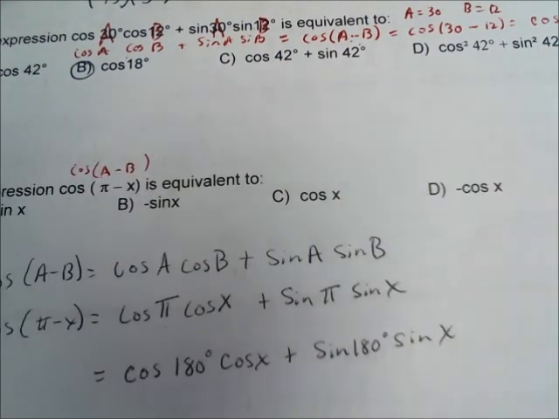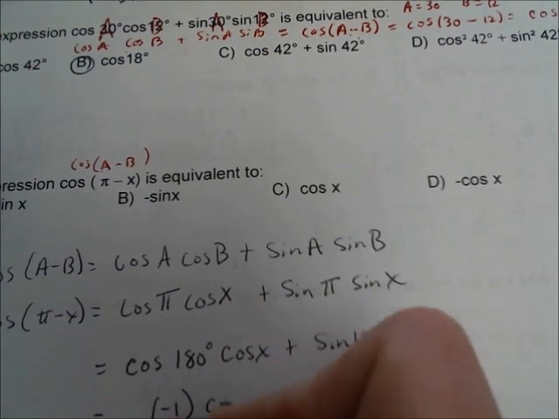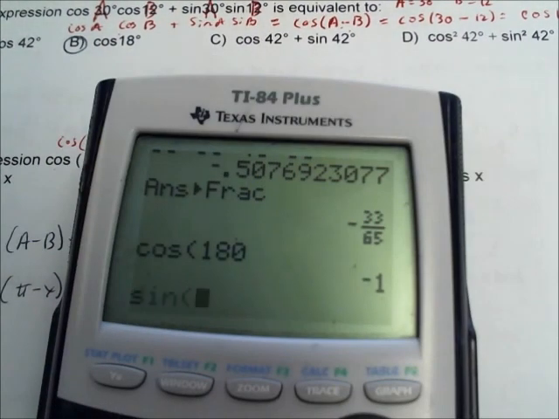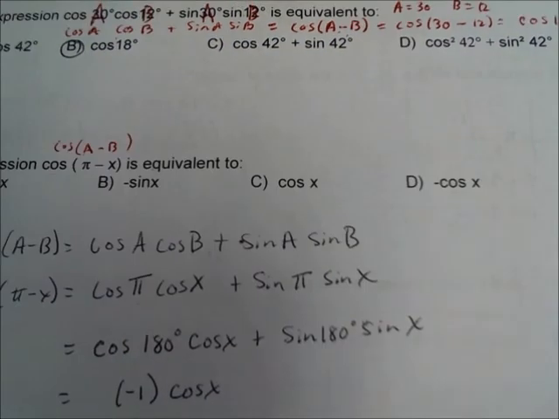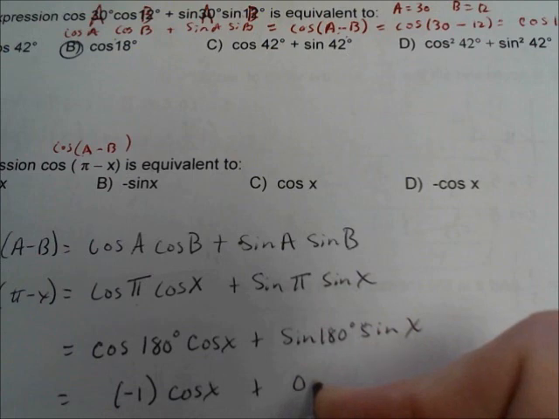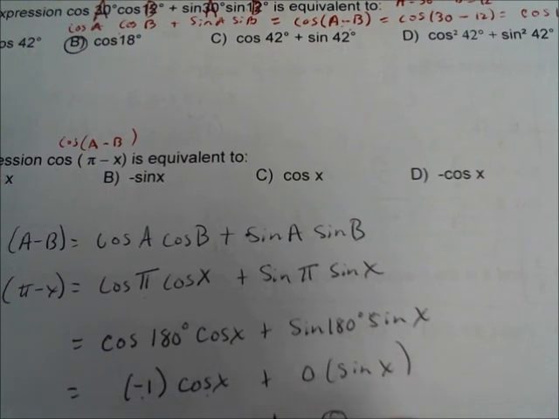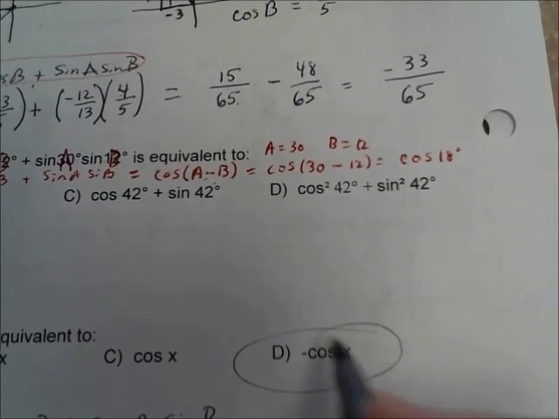It's -1. So we have -1 times the cosine of x, which we don't know what that is. And then the sine of 180, we can ask our calculator if we want. That's equal to 0. So we have plus 0 times the sine of x. Well, 0 times anything is just 0. -1 times the cosine of x is equal to negative cosine of x. And negative cosine of x plus 0 is just equal to negative cosine of x.